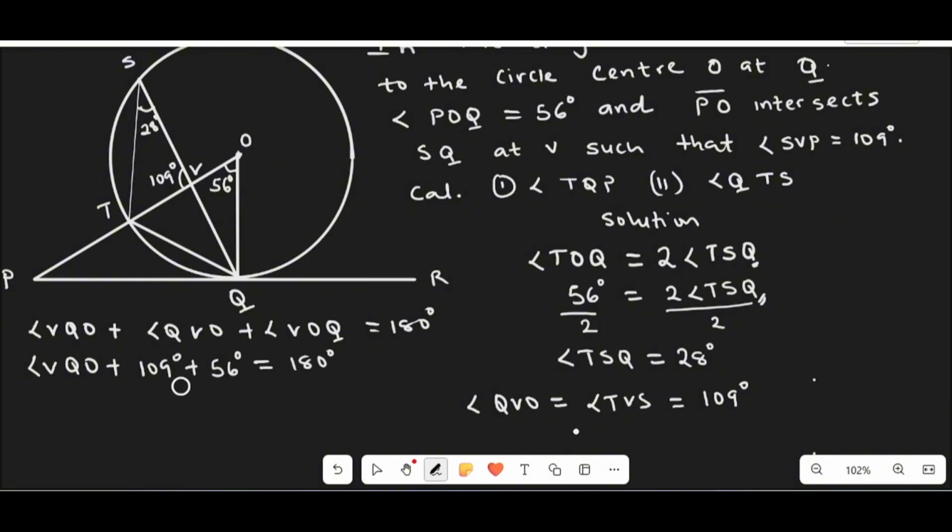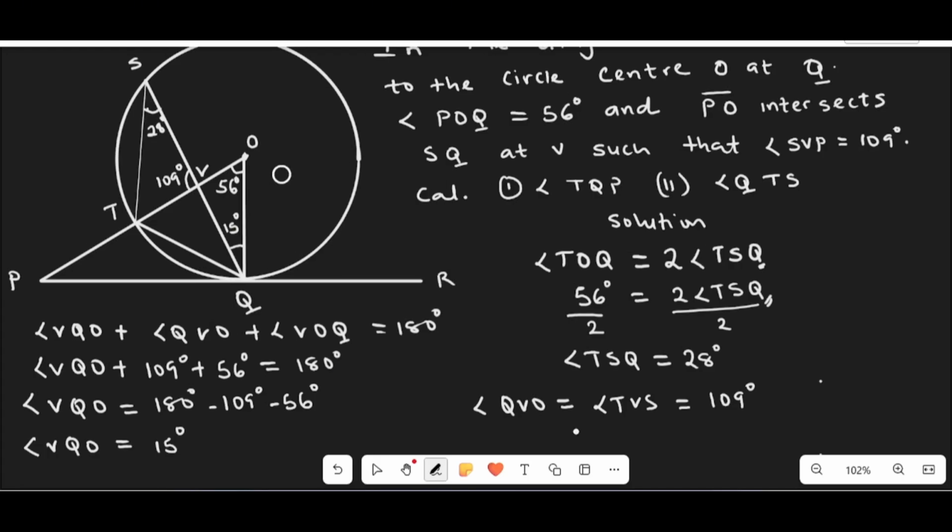So let us transpose these angles to the right hand side and the positive signs will change to negative. So angle VQO equal to 180 degrees minus 109 degrees minus 56 degrees. Angle VQO equal to 15 degrees. So this angle is 15 degrees.